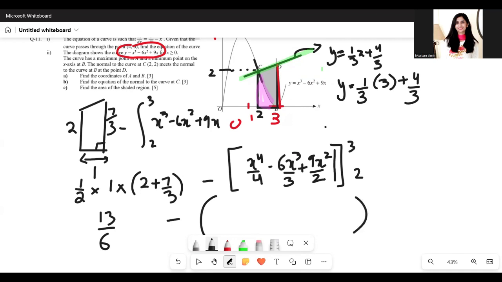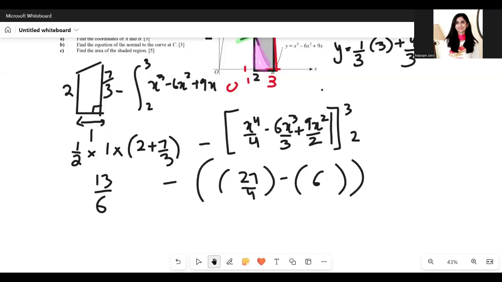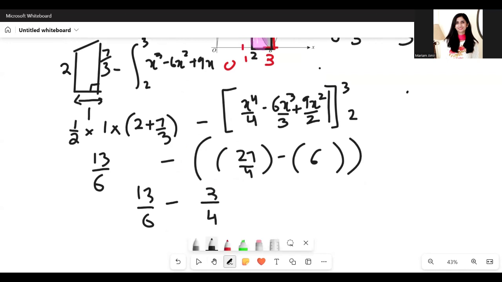Let's substitute 3 first, then put a negative sign and substitute 2. Okay, so when I substituted 3, I got 27 over 4. When I substituted 2, I got 6. So now we get 13 over 6 minus, subtracting these two fractions, you should get 3 upon 4. And then subtract these two fractions and you should get 17 upon 12 as the final answer.